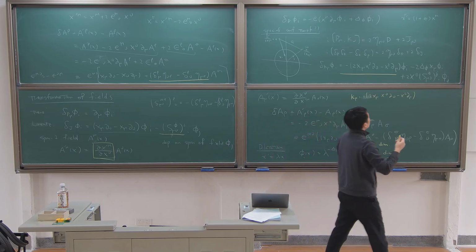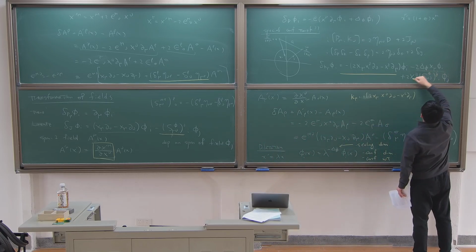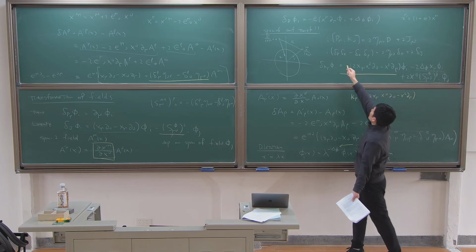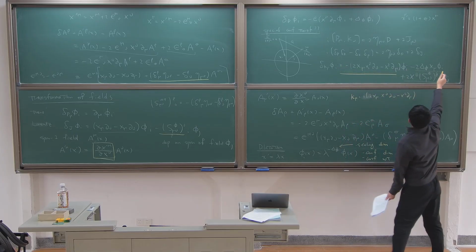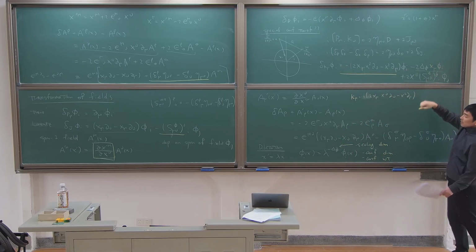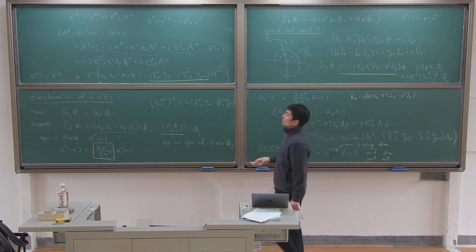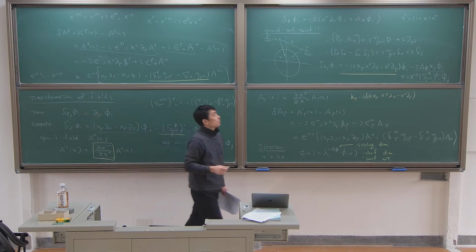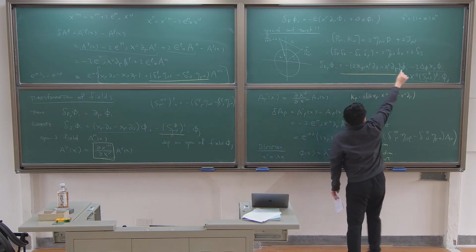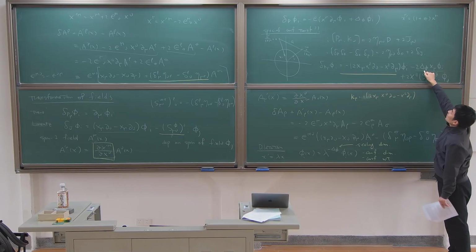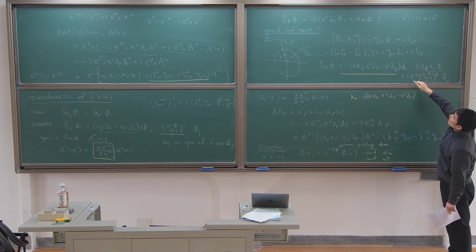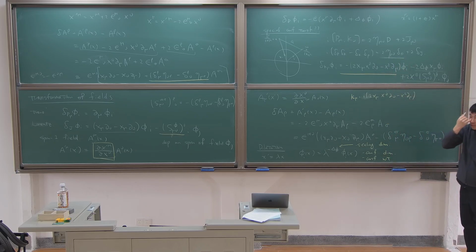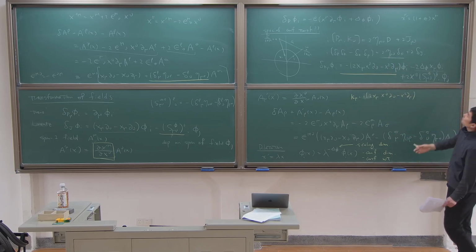In addition to that, you need an extra piece. And as you can easily see, if P acts on this one, P is a derivative with respect to the coordinate here, so if delta P acts here, you get 2 delta phi, which is the same as can be obtained by this one.